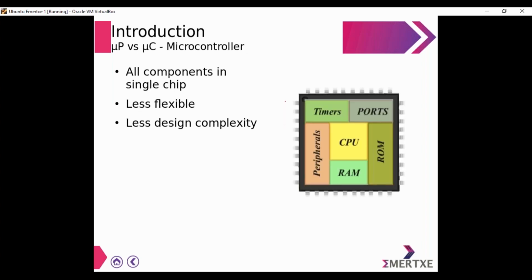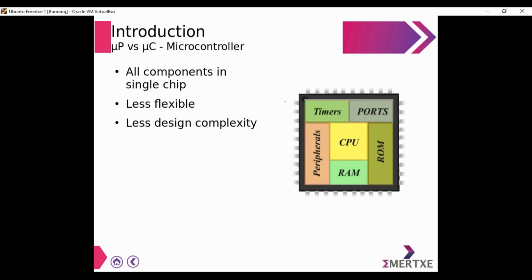But when it comes to microcontrollers, all the components come under a single chip. Because the things are already available in a chip, it is not flexible. You cannot change it. Any component which is already available cannot be changed, but there is less design complexity.